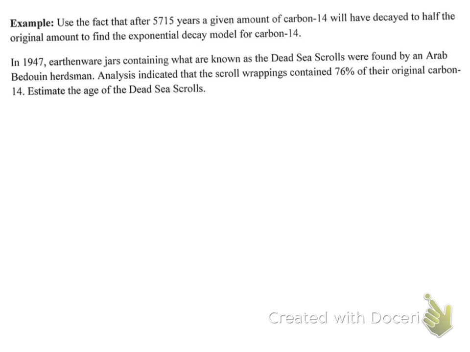So let's use this first part to figure out what our k value is. So we know the equation is A equals A naught e to the kt. So some information that we know is that it's been 5,715 years, so that's our t. And the other fact that we know is whatever the original amount was, in 5,000 some years, it ends up being cut in half.